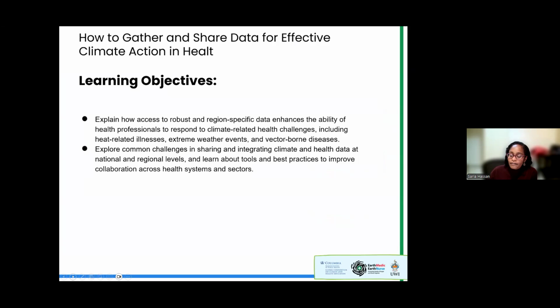Our learning objectives for today are to explain how access to robust and region-specific data enhances the ability of health professionals to respond to climate-related health challenges that include heat-related illness, extreme weather events, and vector-borne diseases. We also hope to explore common challenges in sharing and integrating climate and health data at national and regional levels, and learn about the tools and the best practices to improve collaboration across health systems and sectors.